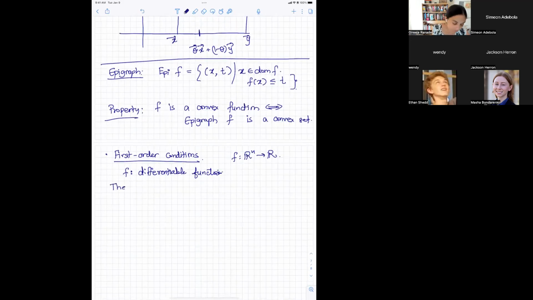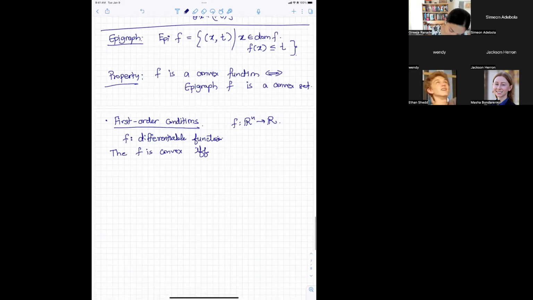Then f is convex if and only if, sorry, what am I writing? Sorry about that.